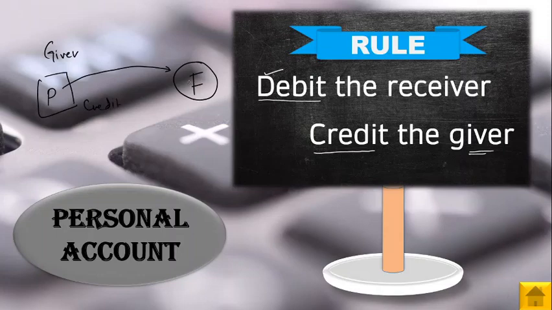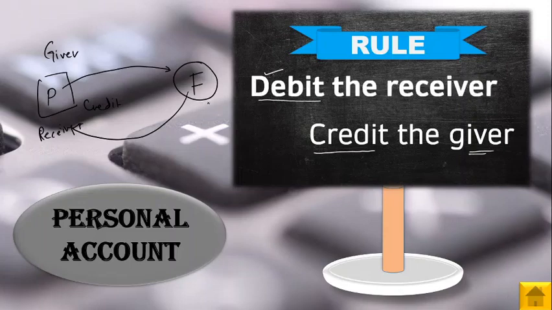If the goods are sold to the person, now he is a receiver. So in this person's account that we are going to maintain, we are going to debit it. This is the way it is recorded. So the rule says debit the receiver, credit the giver. This is the rule for personal account. And remember, all types of personal account come under one category and have only one rule.